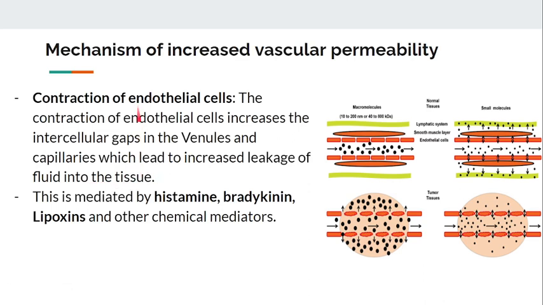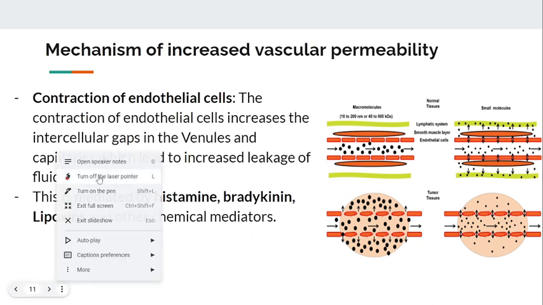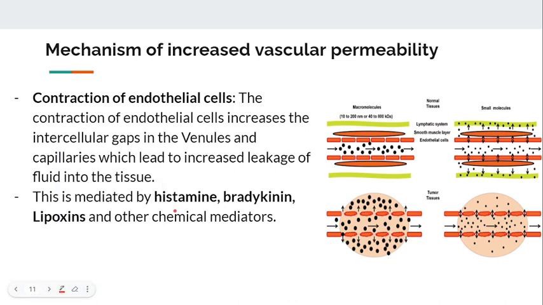This is mediated by histamine, bradykinin, also lipoxins, and other chemical mediators. Amongst these three chemical mediators, I would say know histamine and bradykinin now before you go into pharmacology, because you are going to find these as well.